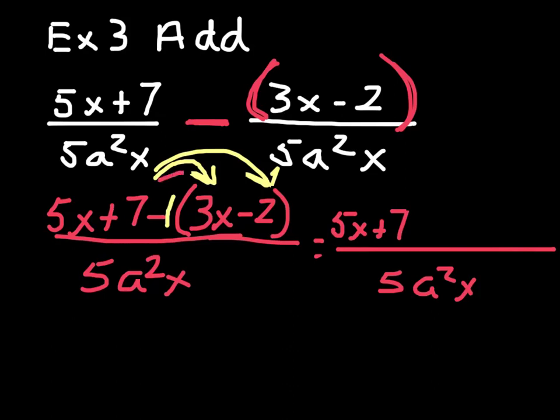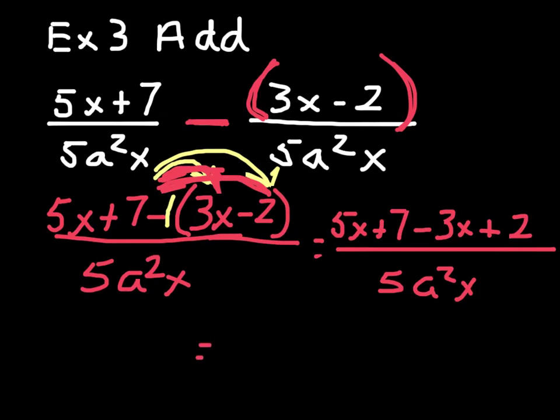Now, what's a negative 1 times a positive 3x? A negative times a positive is negative, and 1 times 3x is 3x. Now take your negative times your negative, right, because it's a minus 2, so a negative times a negative is positive, and 1 times 2 is 2.